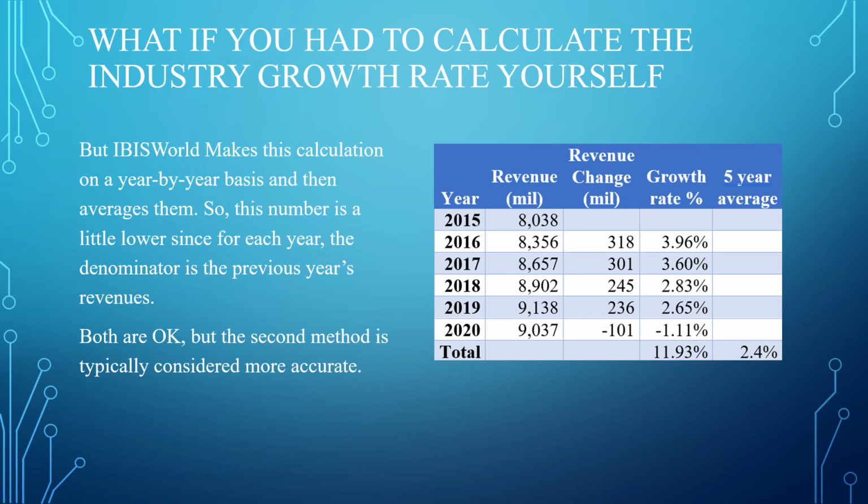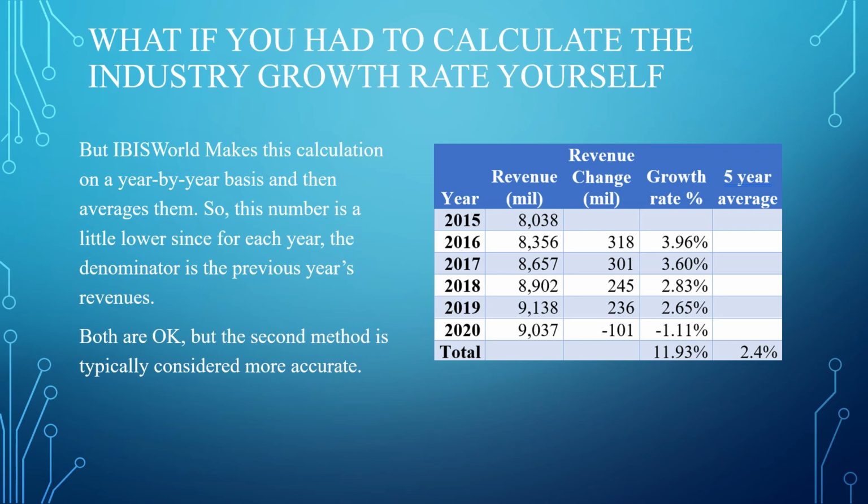The total for 5 years is 11.93%, which turns out to be 2.39%, rounded up to 2.4%, which is the number that IBISWorld got.